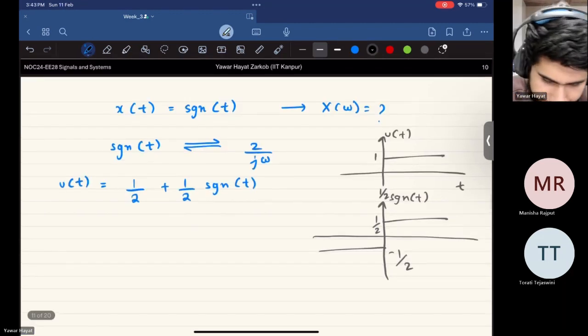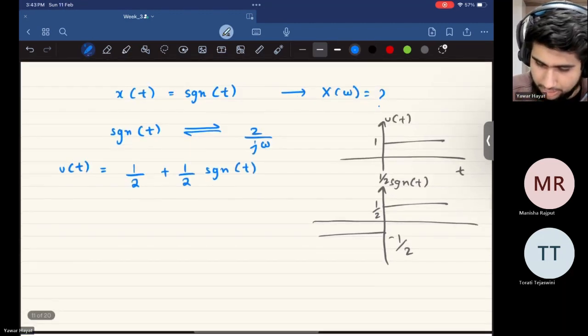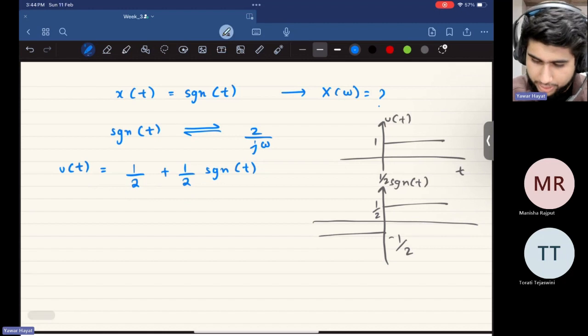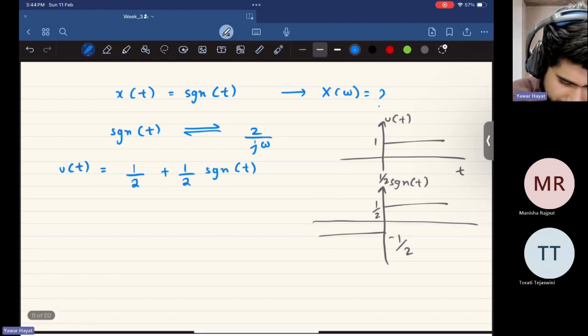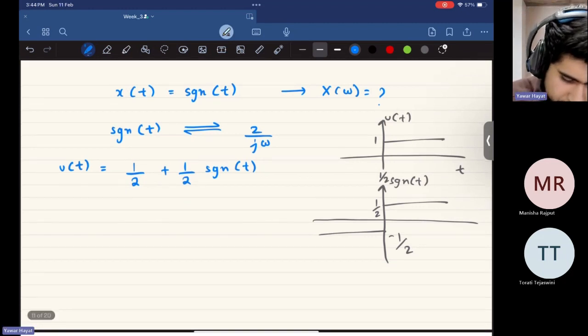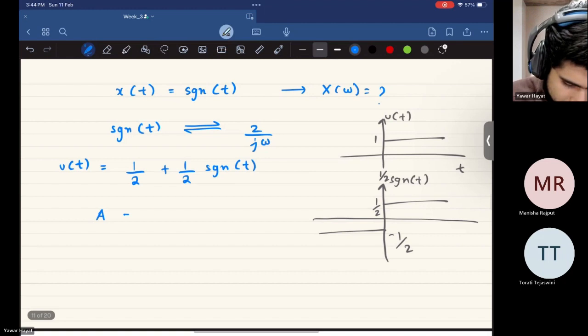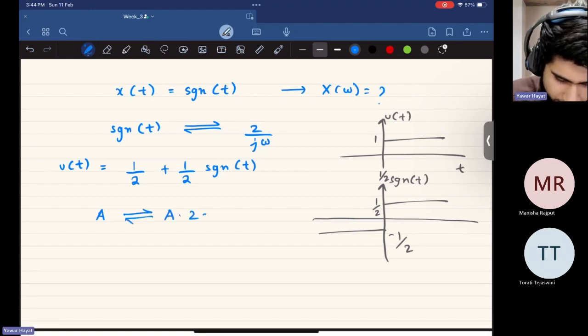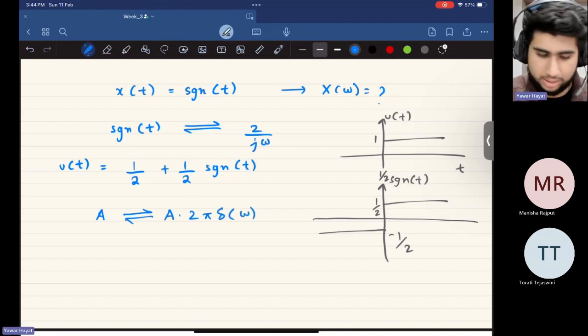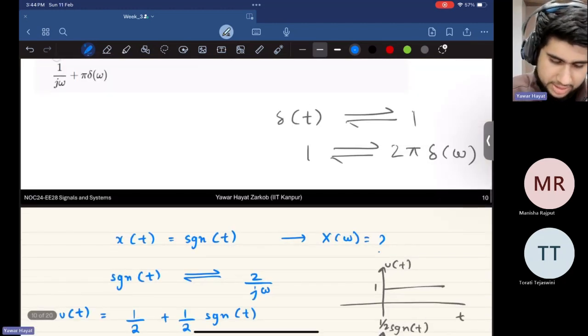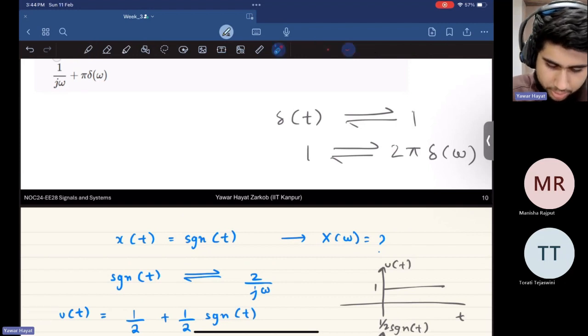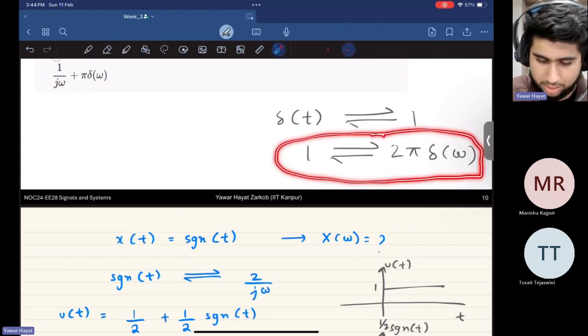Now we know that in general, if we have a constant a, the Fourier transform of that constant is a times 2 pi delta of omega. If you don't get this point, you can multiply both sides by a.